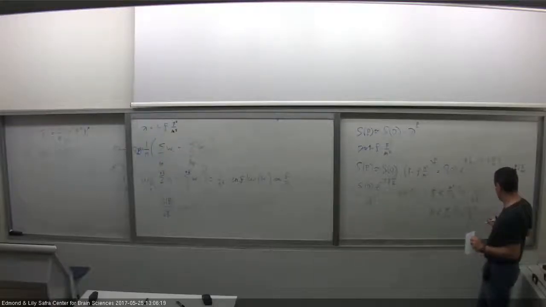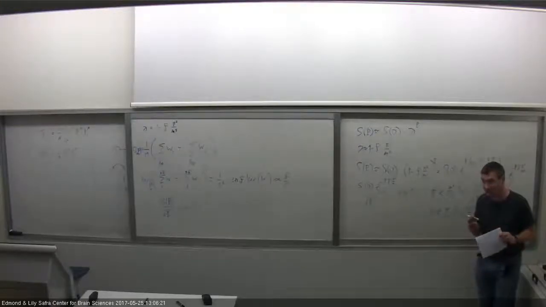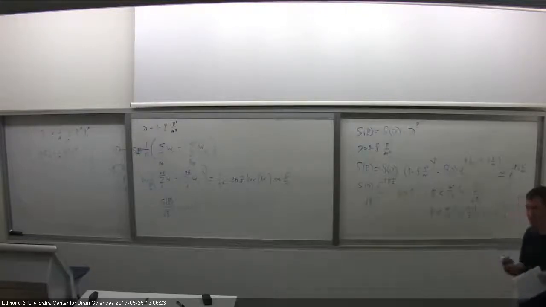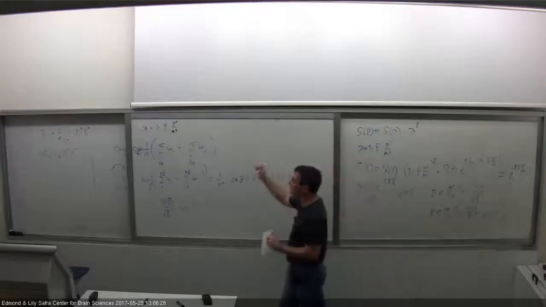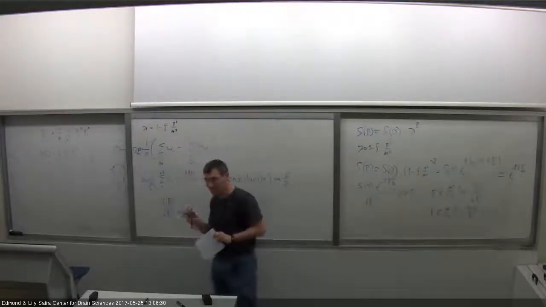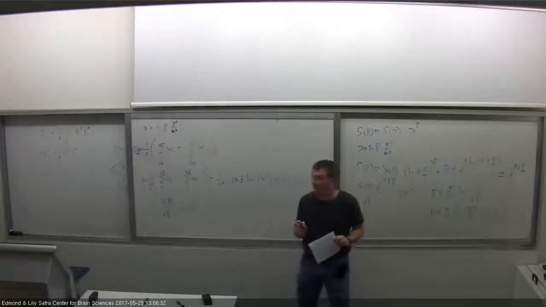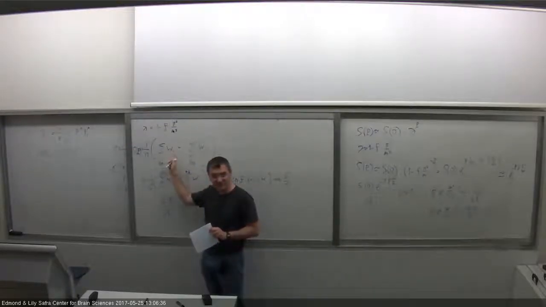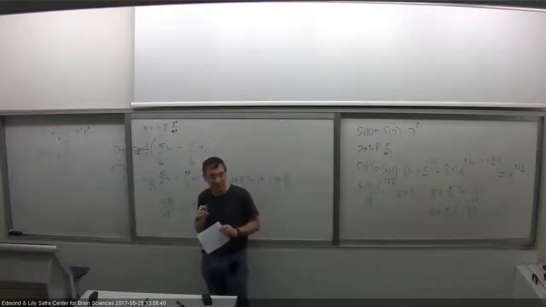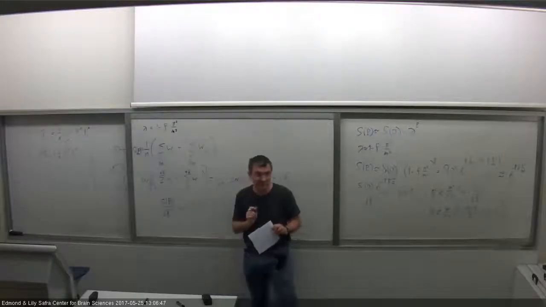S0 is the initial difference? Yes, the initial difference. It's not like 1 over n or something? No, because we have a sum over n terms in principle. It is the average difference in the values of the synapses potentiated minus those that were depressed, immediately after the presentation of this particular memory pattern.